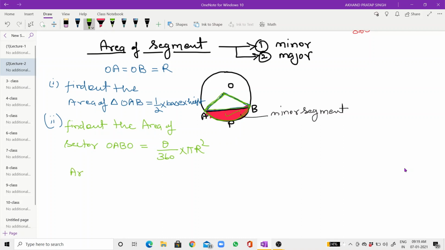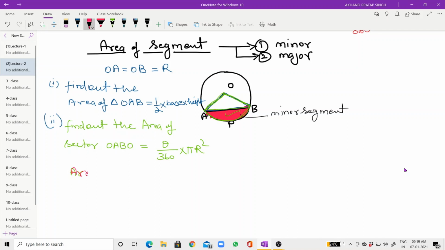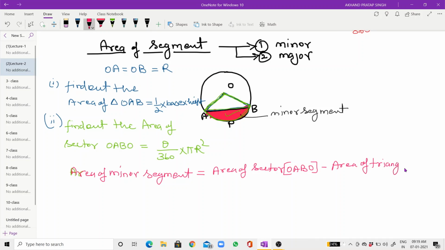So area of minor segment is equal to area of sector OAPBO minus area of triangle OAB.